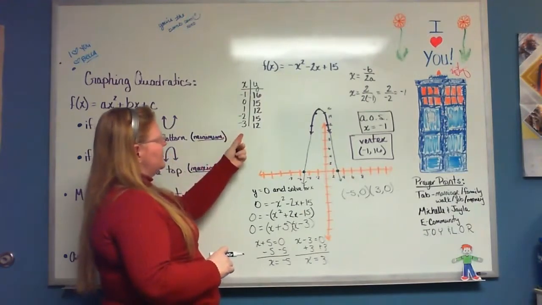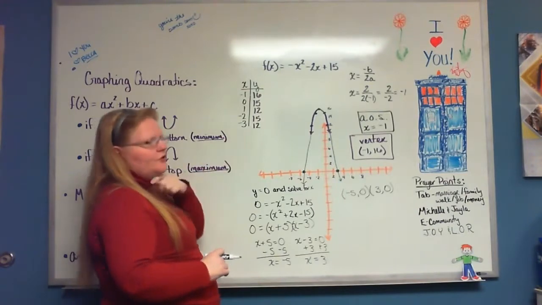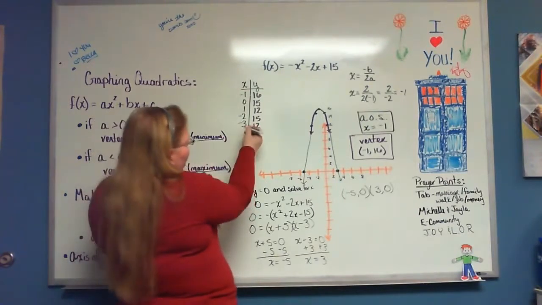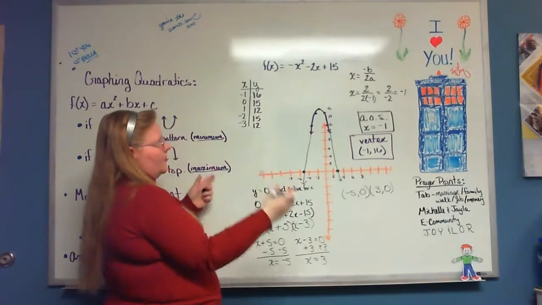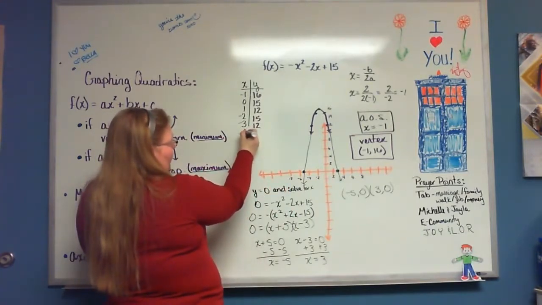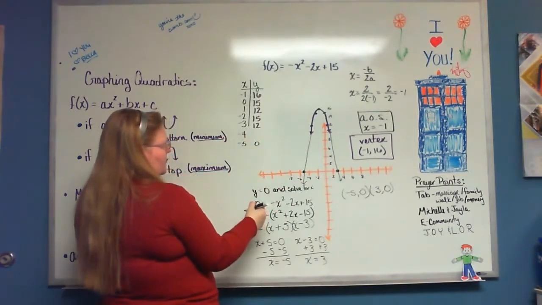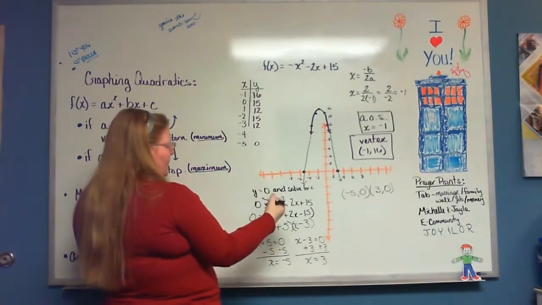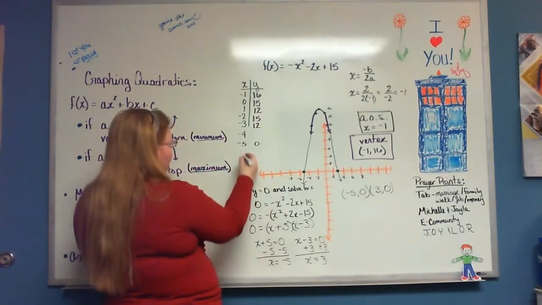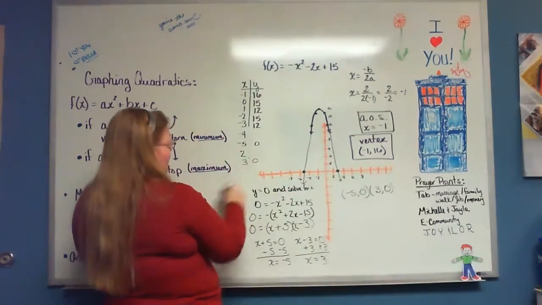You don't necessarily get them when you do that. But you might, because if we would have extended it, if we would have thought beyond just 2 on either side, eventually we would have gotten to the -5, 0. And eventually we would have gotten to the 3, 0.